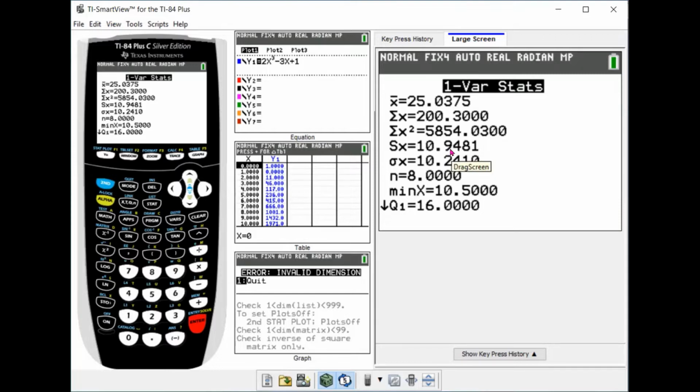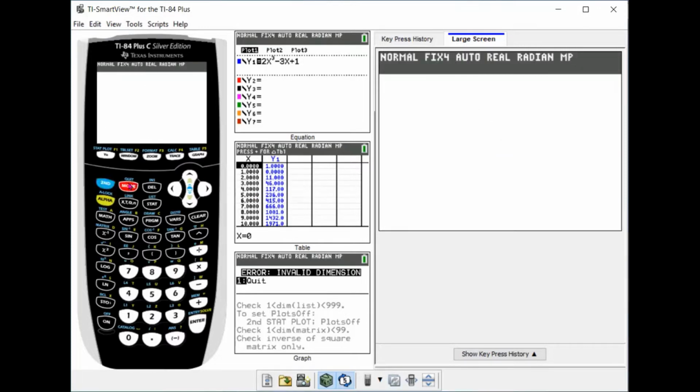And then the third one that is asked in the question is the variance, which is the square of the standard deviation. So it should be the square of 10.95. So let me go back to the main screen. We have 10.95. We square that because the square of the standard deviation is the variance.